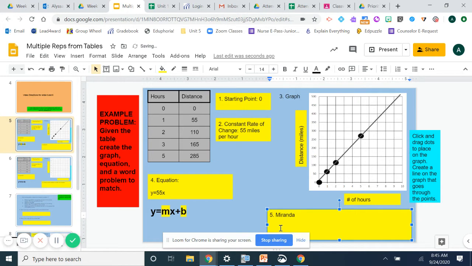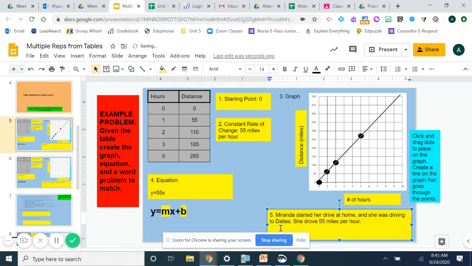Okay, so Miranda started her drive at home, and she was driving to Dallas. She drove 55 miles per hour.